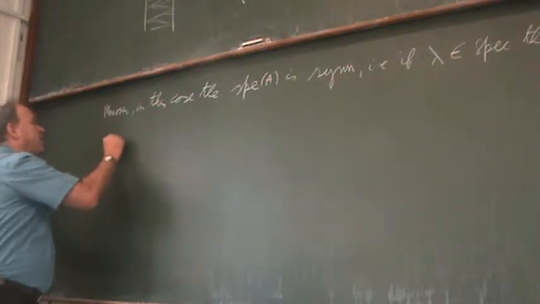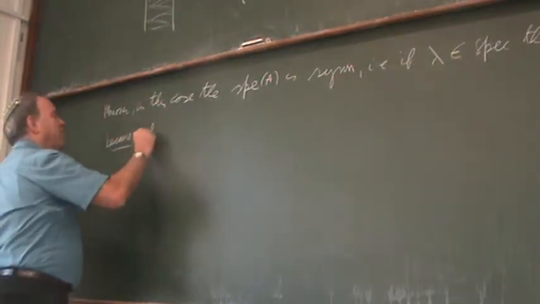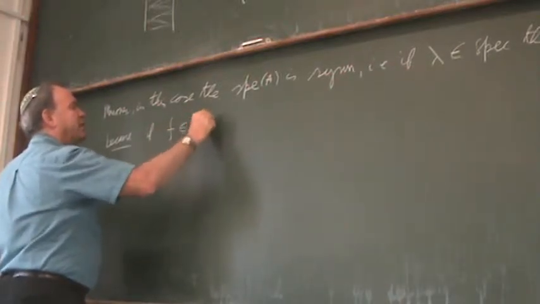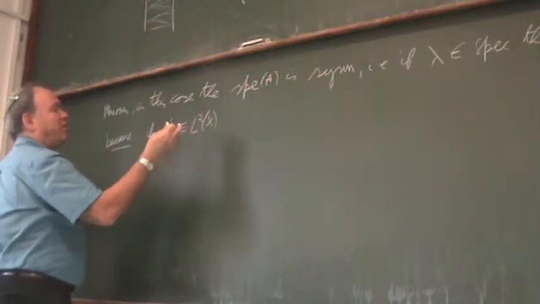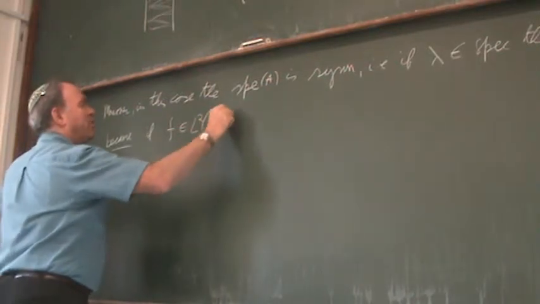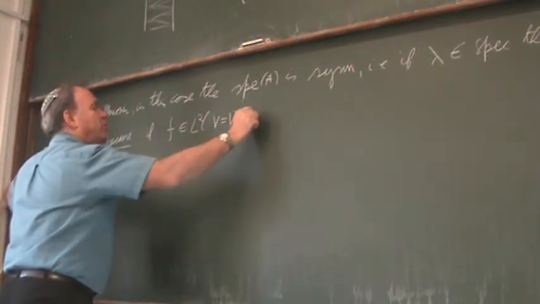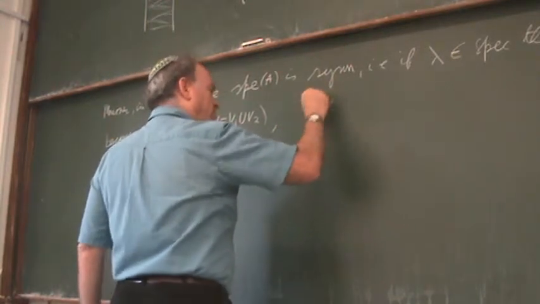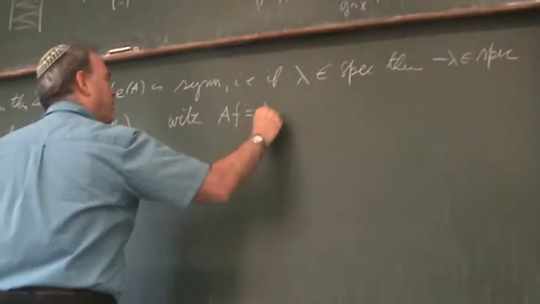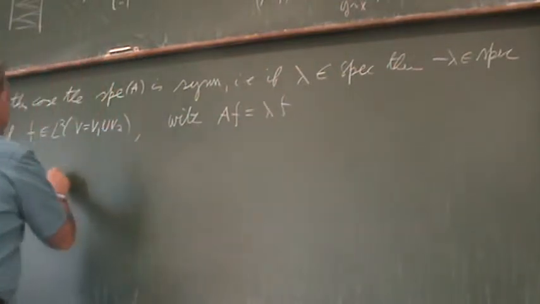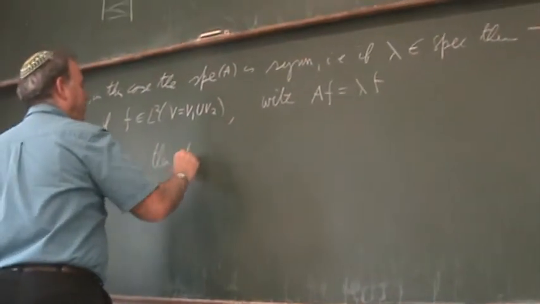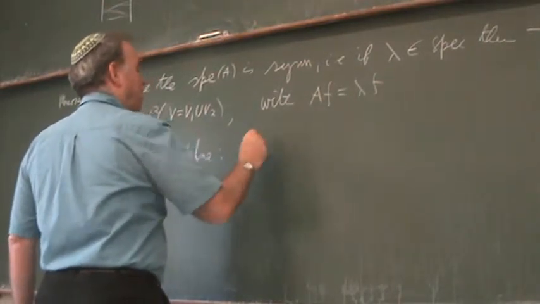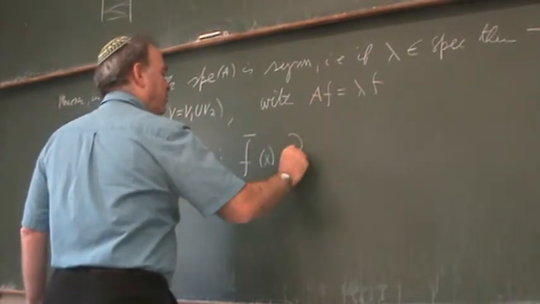It's basically the same argument. If f is in L2 of X, which means L2 of V, where V equals V1 union V2, with A of f equal lambda f, then let's define f bar of x in the following way.